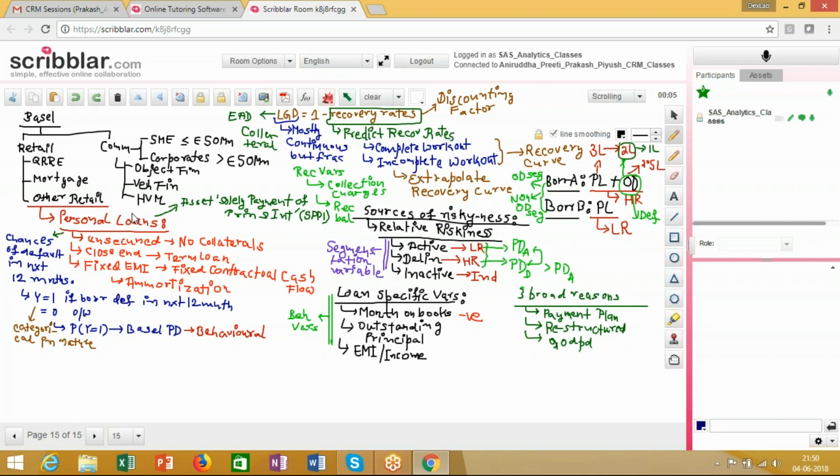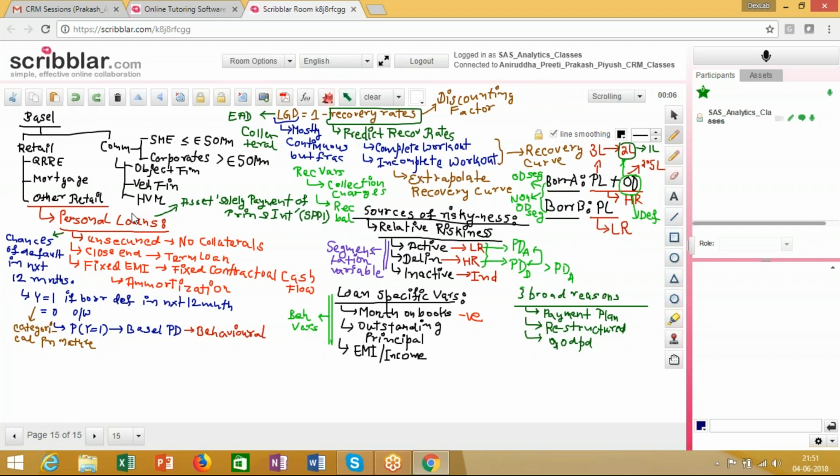These are the two broad lending books that Basel has, and we have seen that for each of these portfolios there are three core models which are developed. One is the probability of default model, the second is the loss given default model, and the third is the exposure at default model.